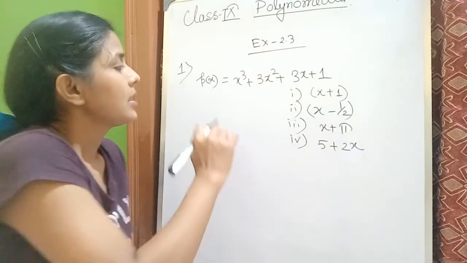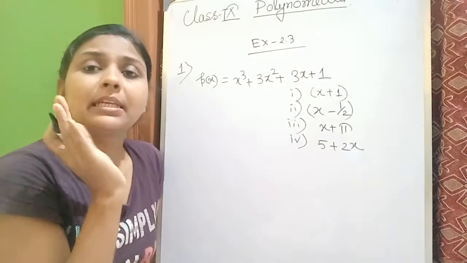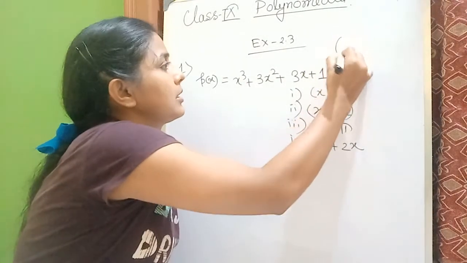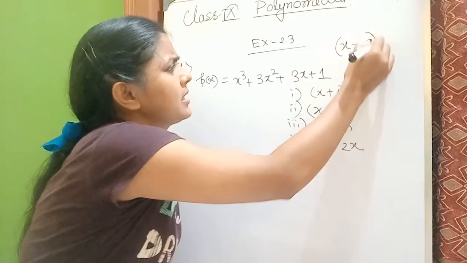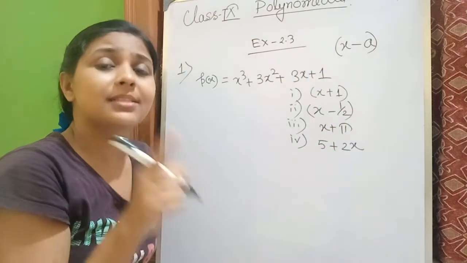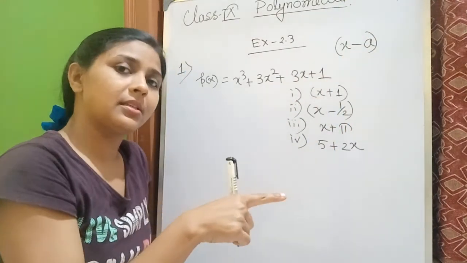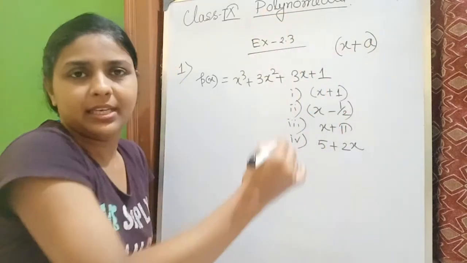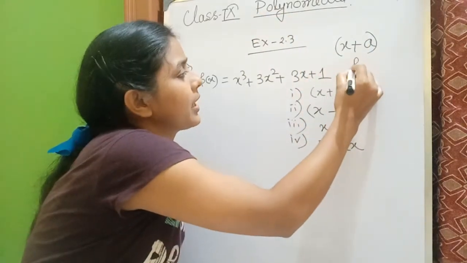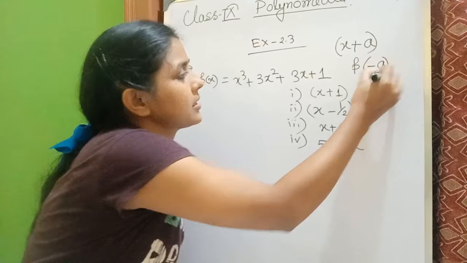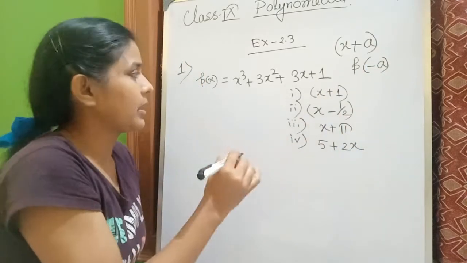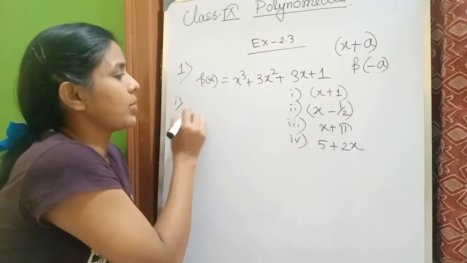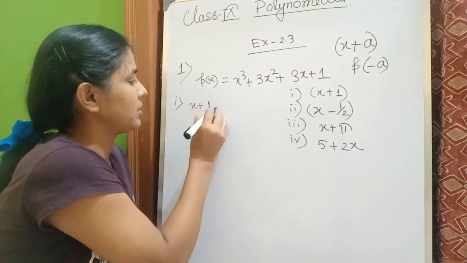Now look, in the remainder theorem, in the statement, the form was x minus a. So if it is x plus a, then we have to find p of minus a. Okay, so this is p of x. Question number 1, for x plus 1.